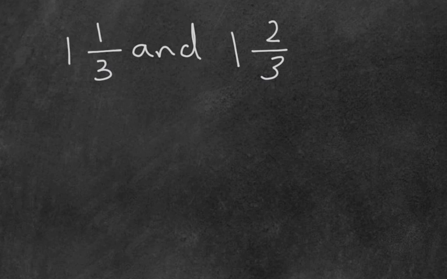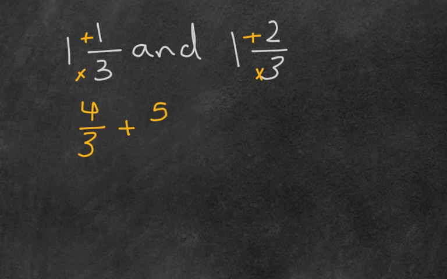We will add them and then divide by 2. Let's rewrite it as a fraction. Here we have mixed numbers. 3 by 1 is 3, plus 1, 4 over 3. Plus 3 by 1, 3 plus 2 is 5, 5 over 3. It equals 9 over 3.